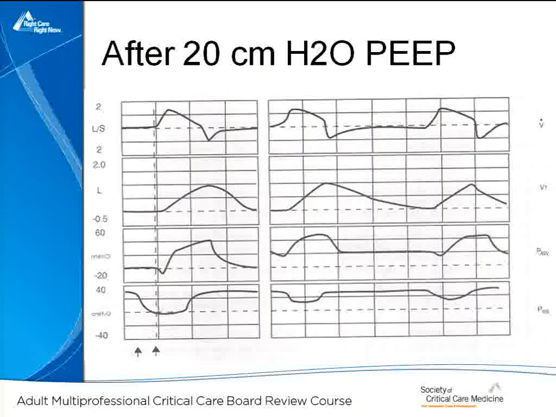That's because I wasn't adding PEEP to the system. I was only adding it to the circuit, and it was just equilibrating or getting closer to the pressure inside the lung, making it easier to trigger the ventilator. This is an important trick, and again, I wouldn't be surprised if a question related to triggering difficulties in intrinsic PEEP appears on boards.